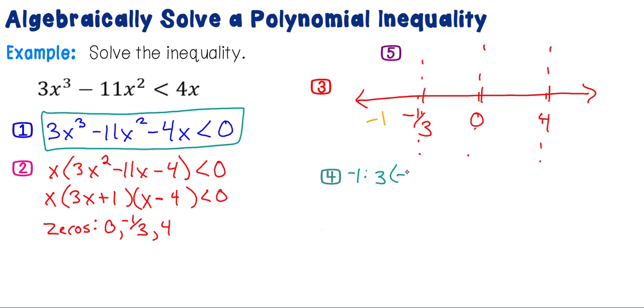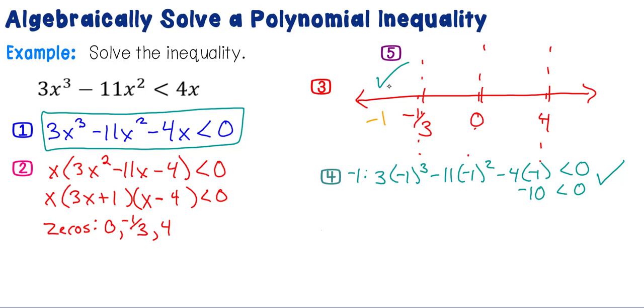So it's going to be 3 times negative 1 cubed minus 11 times negative 1 squared minus 4 times negative 1, and I want to know if that answer is less than 0. So when I solve it, I end up with negative 10. Is negative 10 less than 0? It is. So that means this is part of the solution for the interval.